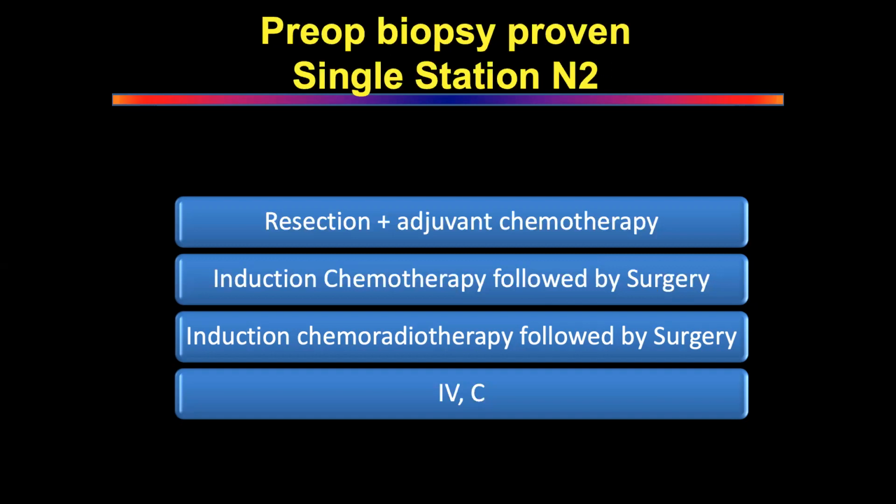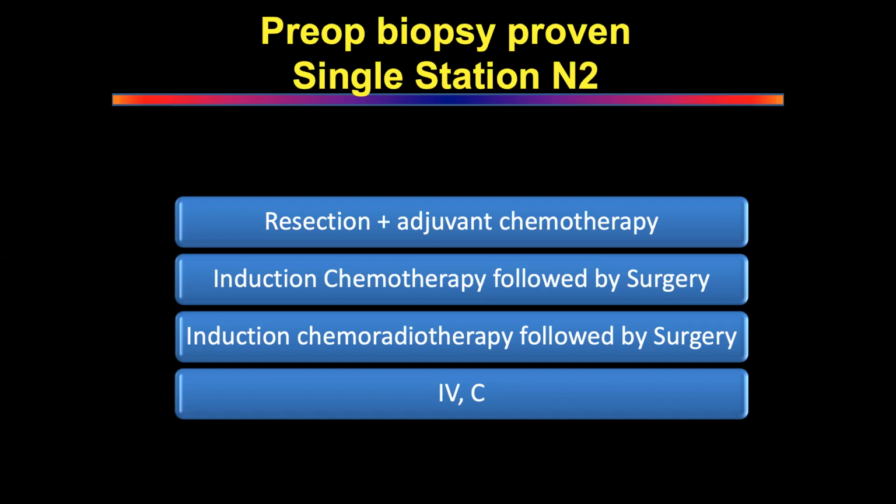If it is a large tumor, like 10 centimeters, and station 7, you're more likely to give induction chemotherapy followed by surgery. I don't want to go into more details because it will confuse people, but this discussion happens in an MDT.